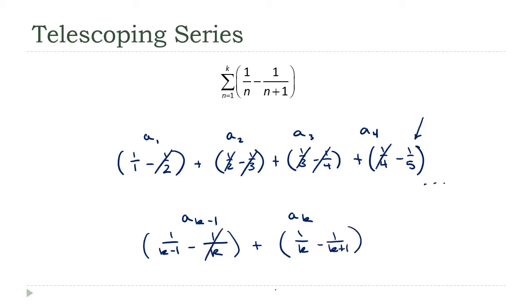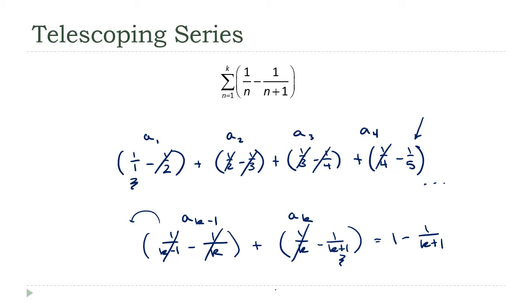And yeah, look, these two terms cancel. This term would have canceled with the last term over here, and all that's left, well, there's two things that are left. There's the first term and the last term. So this whole expression simplifies to just 1 minus 1 over k plus 1.